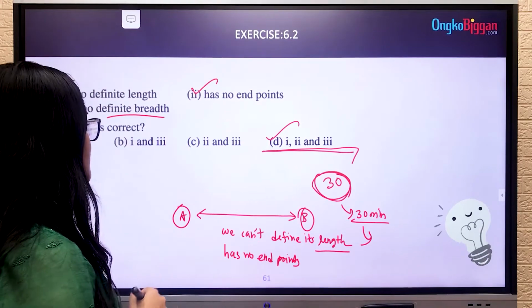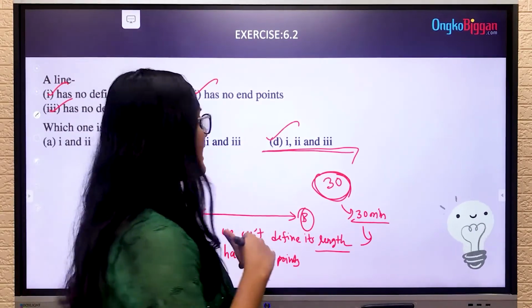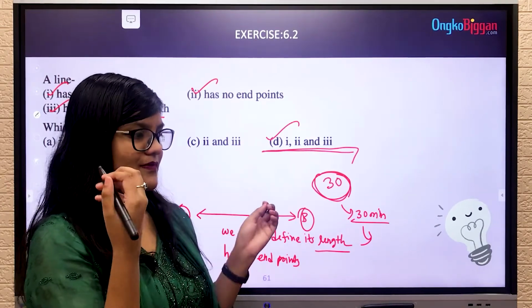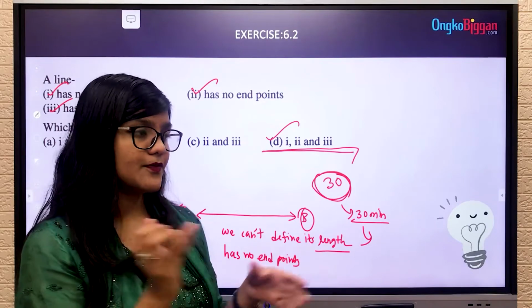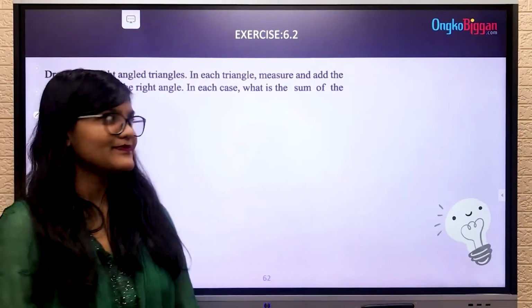So to do very well in MCQ, you need to memorize all the information thoroughly and go through your book. So yes, I hope you got it.